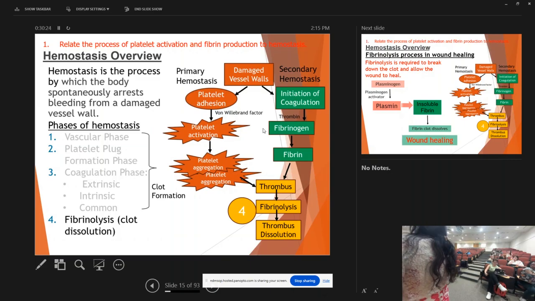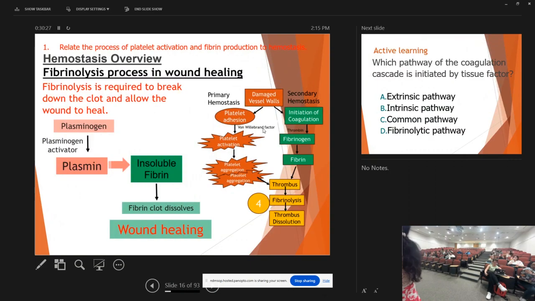Coming back to that, in this pathway there are other proteins and factors involved, okay? Here you actually need plasmin. The activation of plasmin happens because in the blood you have an inactive form, plasminogen.